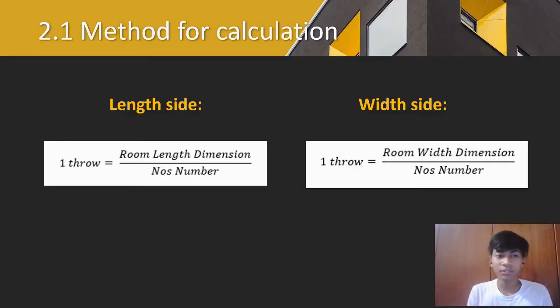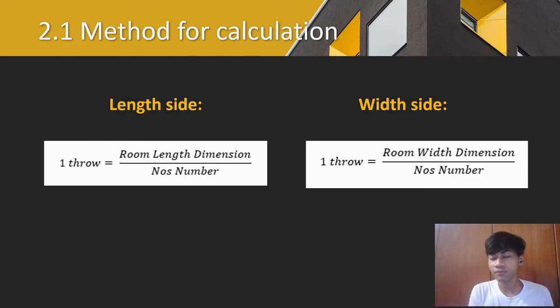After getting all the rooms in the building, the next step is to calculate the throw radius of the diffuser. The way to calculate is through this formula. As you can see, for the length side, one throw is equal to the room length dimension divided by the Notch number.